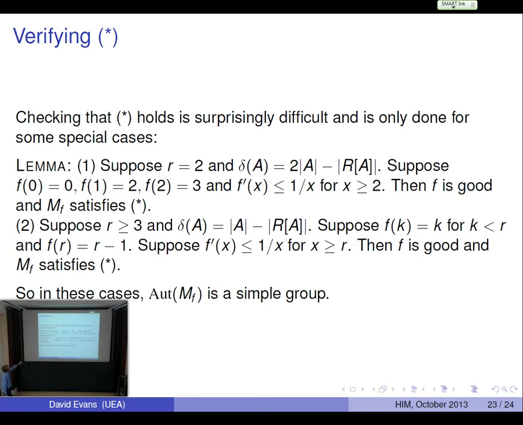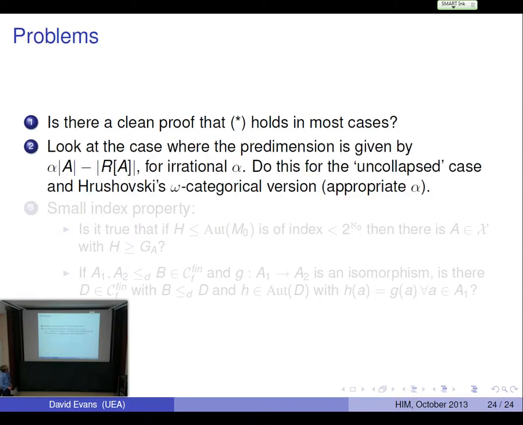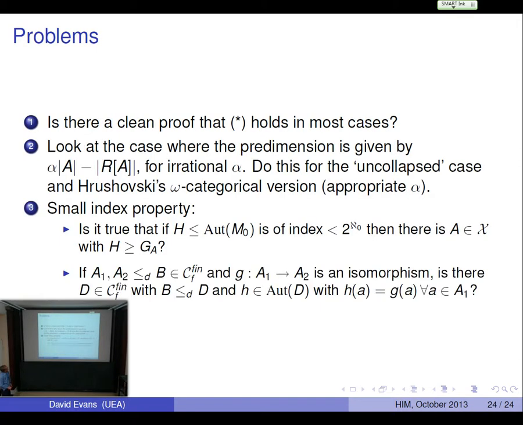And we've done it in the hypergraph case with R at least 3, where the pre-dimension is number of vertices minus number of edges. So in these cases, the automorphism group is a simple group. I don't know quite why it's so difficult, but those are some problems, and I'm over time, so I'll stop.